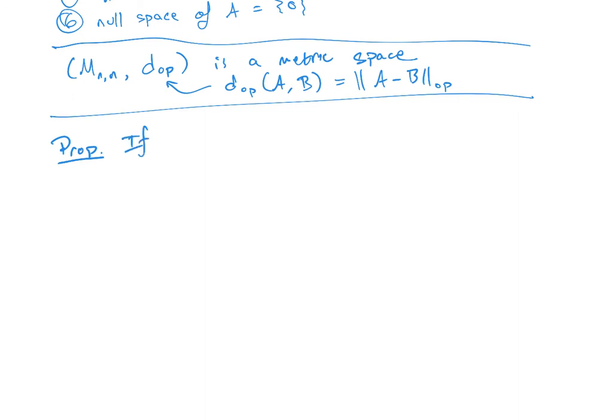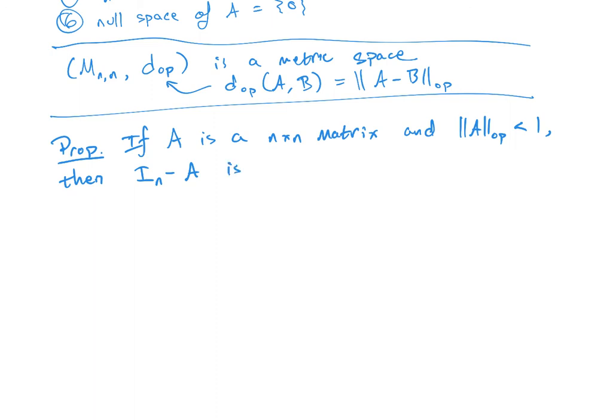We're going to spend most of our time proving this lemma, because I think there are a lot of good uses of the stuff we developed in this lemma, and it's a good way to get a feeling for what proofs are like in this area. If A is an n by n matrix and its operator norm is less than 1, then the identity minus A is invertible.